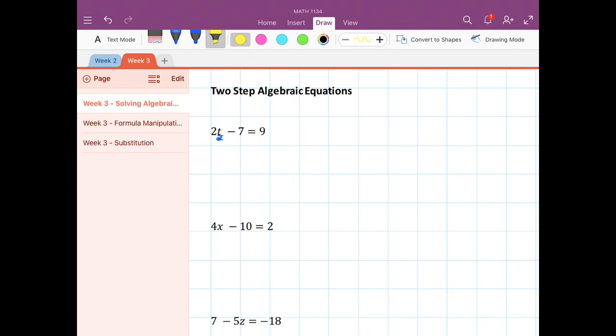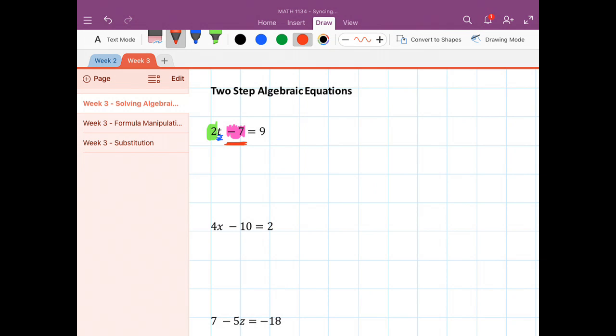So here, there are 2 things happening to my variable: 7 is being subtracted, and it's being multiplied by 2. So you need to be thinking about what is the easiest operation to get rid of here. In this case, I want to get rid of this minus 7 first, because it is the easiest to get away from the t.